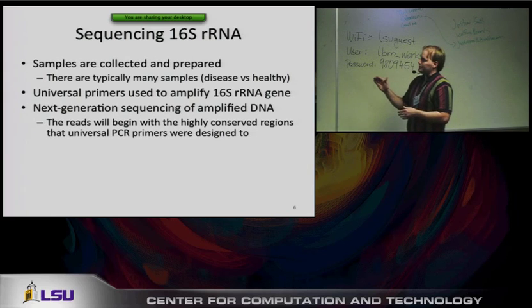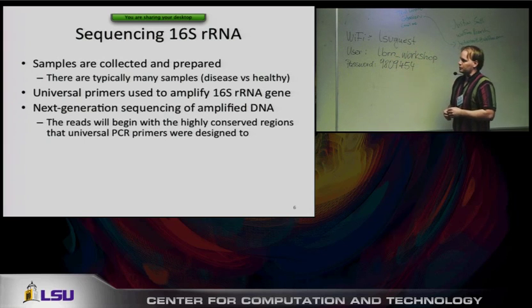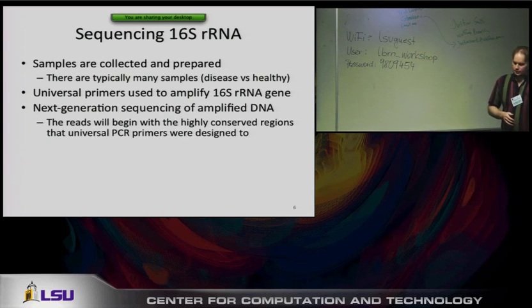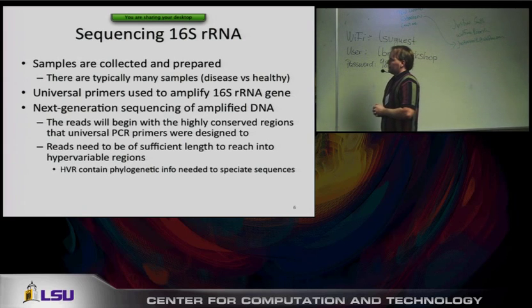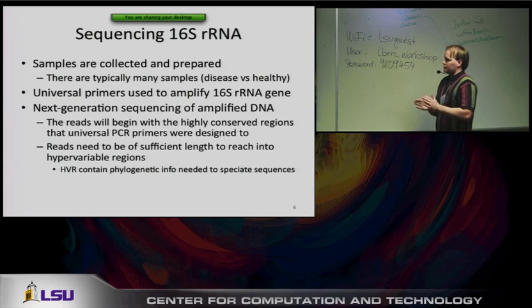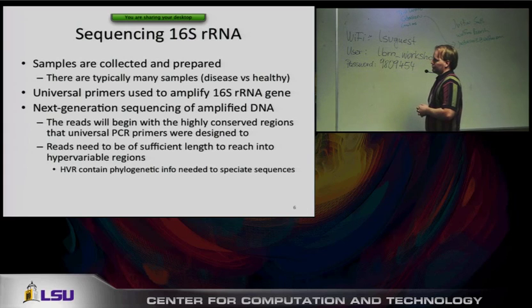And of course, those reads are going to begin with the highly conserved region that the universal primers were designed to. But the good thing about this is that we need to use high-throughput sequencing technology that gives us long reads, like 454, because we can read into what are called hypervariable regions, which have mutated more along the line of evolution.